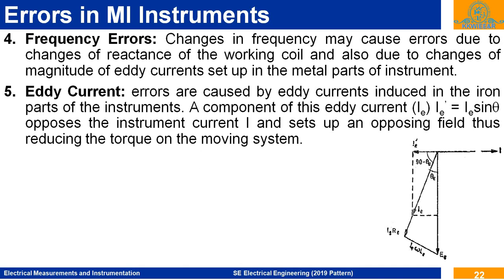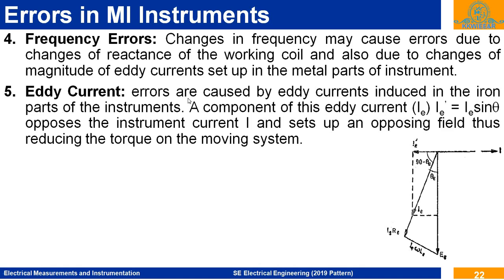So this will change the reactive drop, and due to this the magnitude of eddy current set up in the metal parts of the instrument, the iron core of the coil and the iron piece, will change. The eddy current will oppose the torque, and this will affect the deflection of the moving system. So a change in the frequency will generate an error.